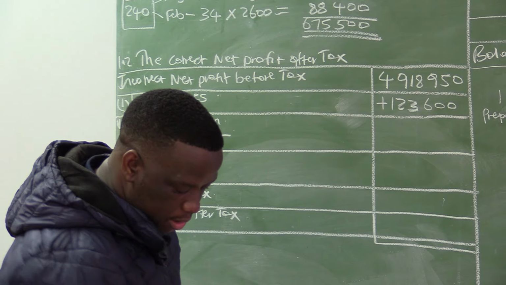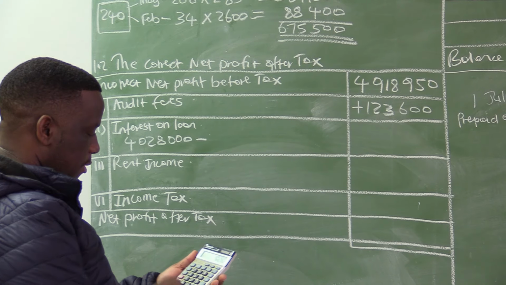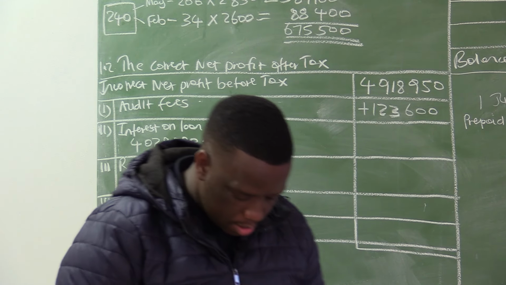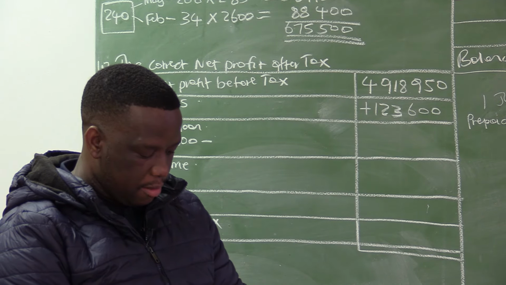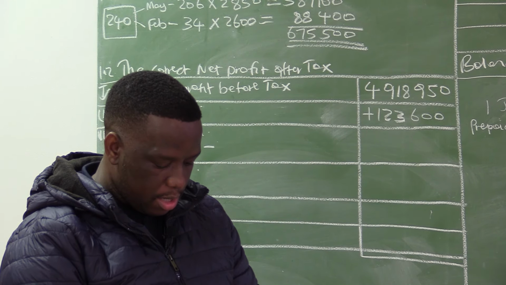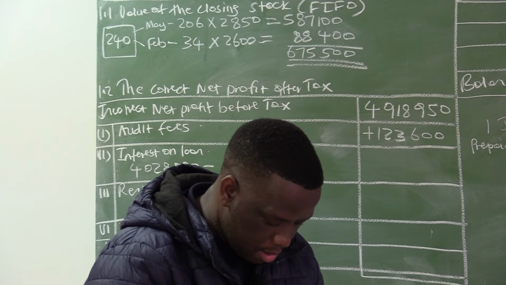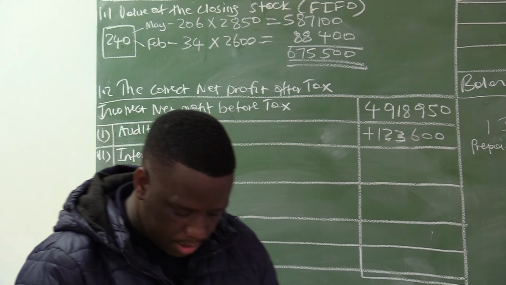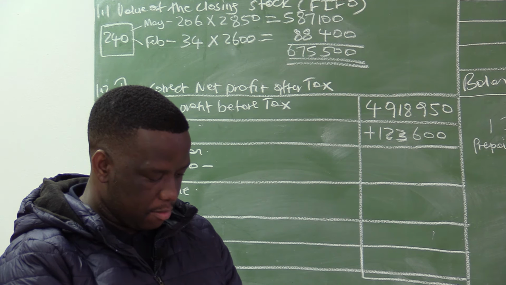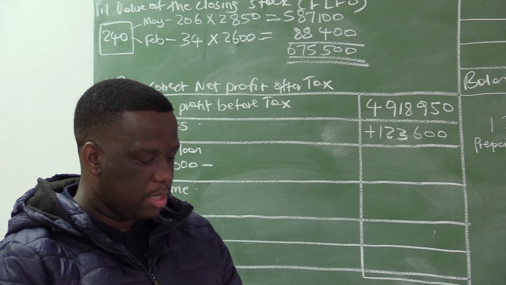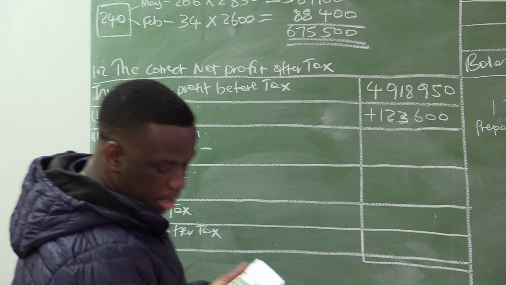let's take the calculator. The balance here is 4,028,000 minus 3,755,000. That is equal to 273,000.